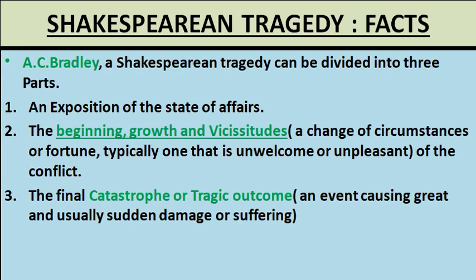Everything is going fair, suddenly a catastrophe occurs, and it suddenly changes the whole situation in a very unwelcoming manner, right? It is a sudden breakdown of an event that damages a lot and gives a lot of pain and suffering to the main characters of his plays.